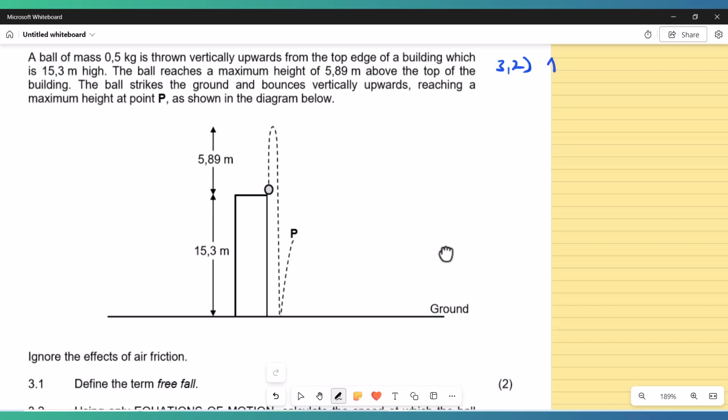Now, the moment you choose upward motion as positive, please listen carefully: it means that our gravity now is negative 9.8. Then we're looking for the V initial.